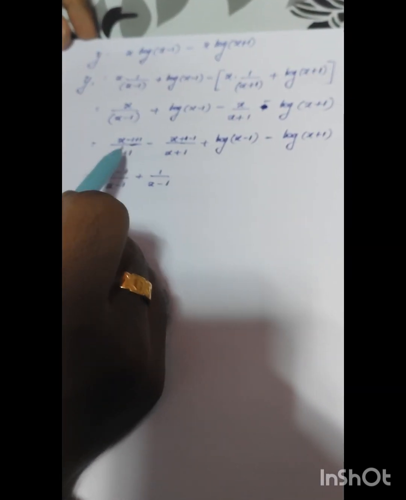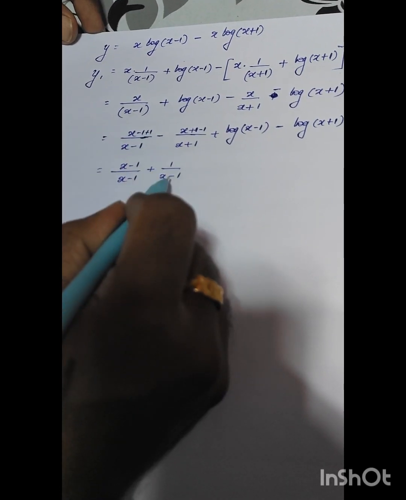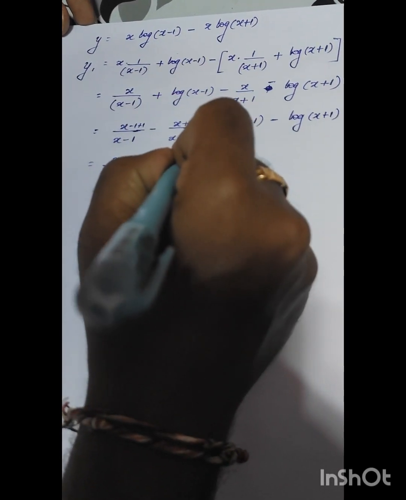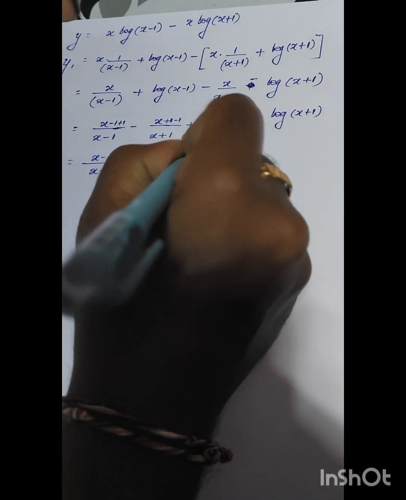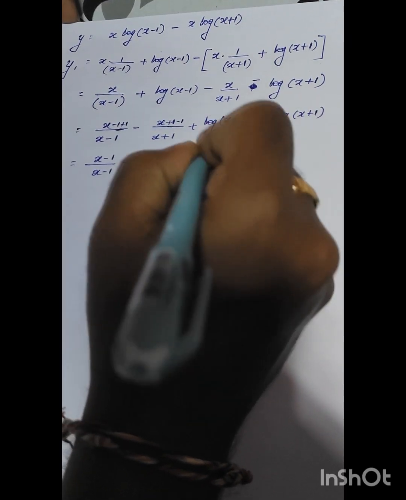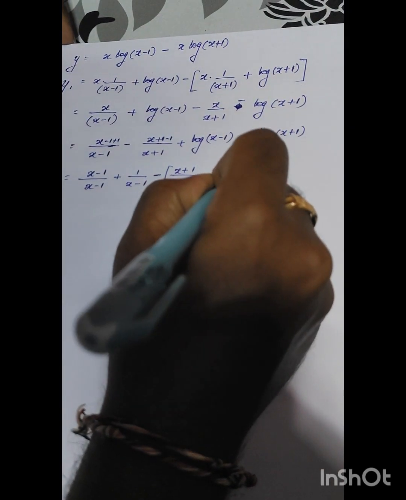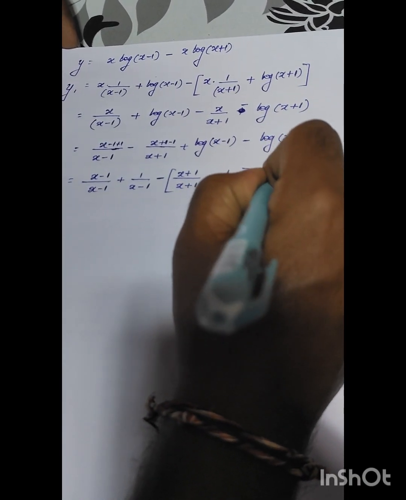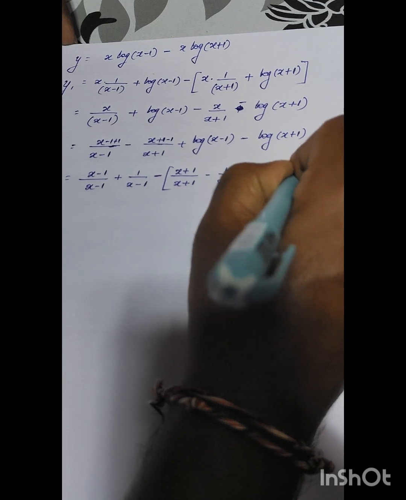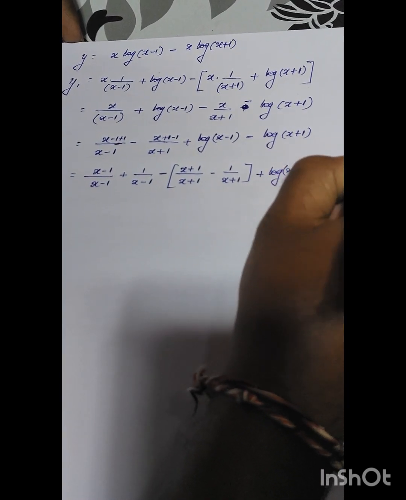Similarly, this will become x plus 1 divided by x plus 1, and this minus term is there, so minus 1 over x plus 1 here. Whatever is remaining I will write as it is, that is log of x minus 1 minus log of x plus 1.